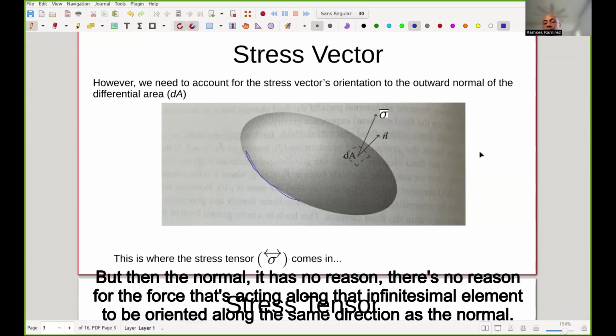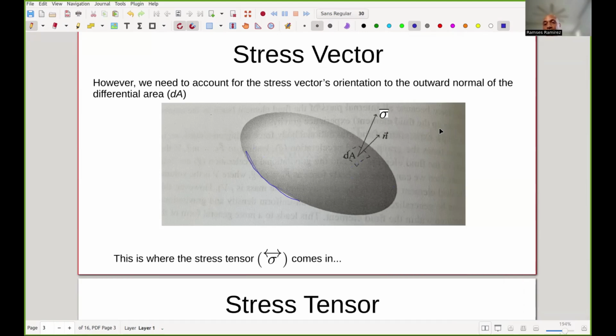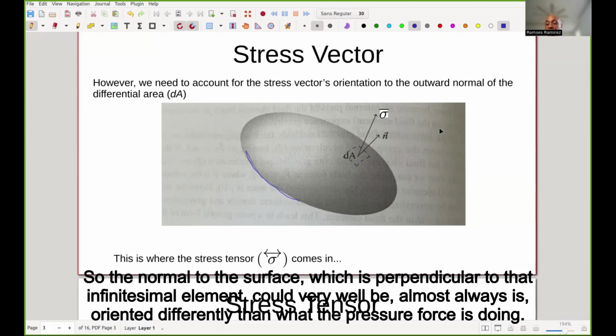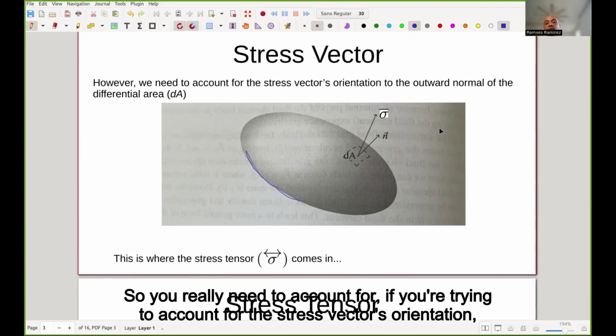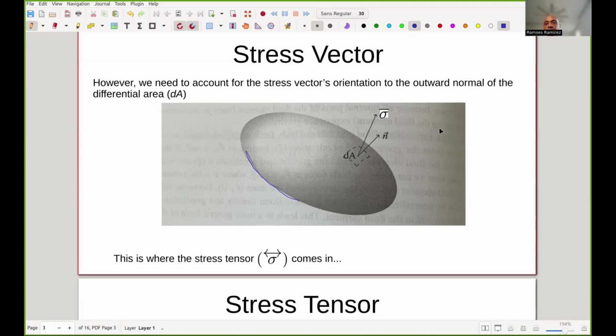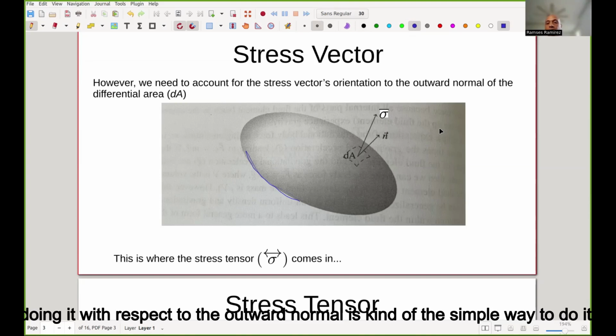But there's no reason for the force acting along that infinitesimal element to be oriented along the same direction as the normal. The normal to the surface, which is perpendicular to that infinitesimal element, is almost always oriented differently than what the pressure force is doing. So if you're trying to account for the stress vector's orientation, doing it with respect to the outward normal is the simple way to do it.